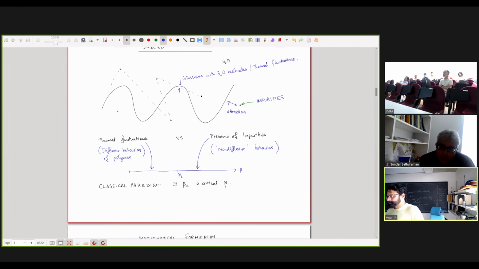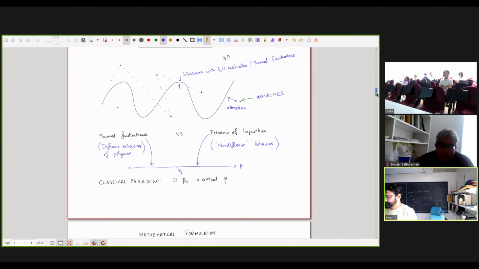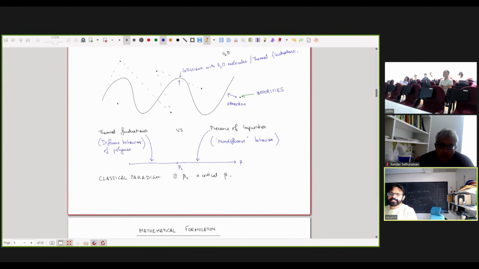And at high temperature, the thermal fluctuations dominate, and you should see diffusive or Brownian motion-like behavior. Okay. This is a known fact, and I'll describe the mathematical formulation of this phase transition in a second. Any questions so far?